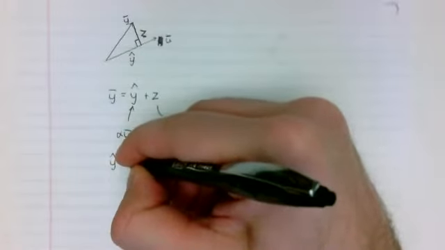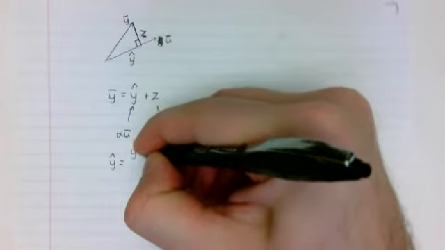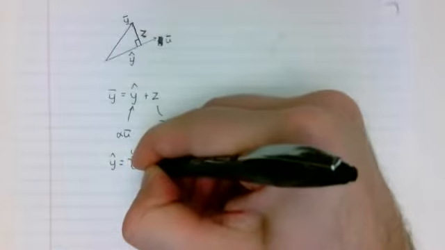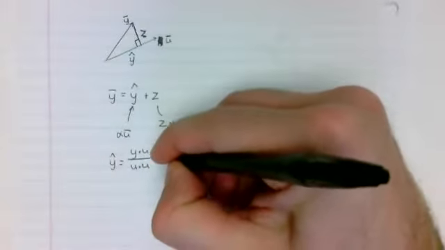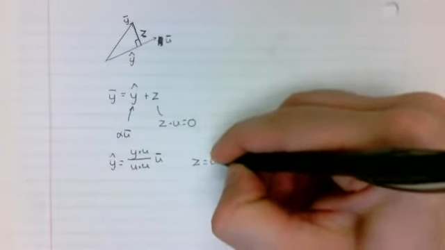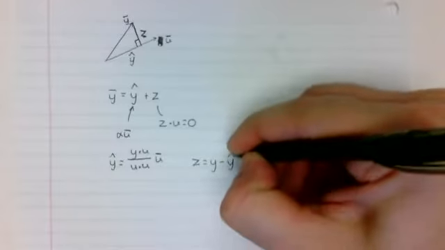Y hat equals y dot u divided by u dot u. That's our alpha times u. And once we know y hat, we know z, because z equals y minus y hat.